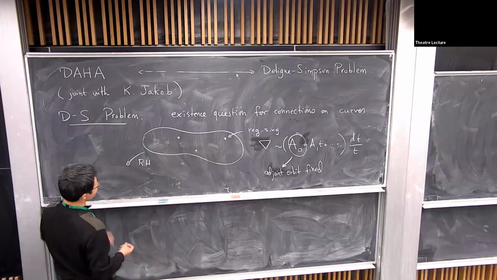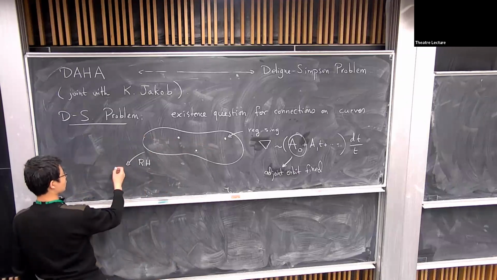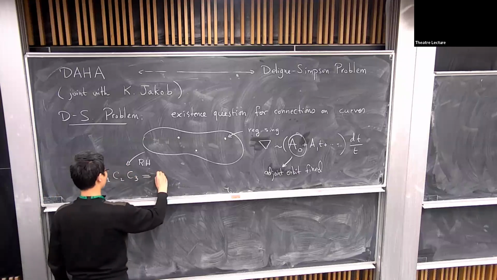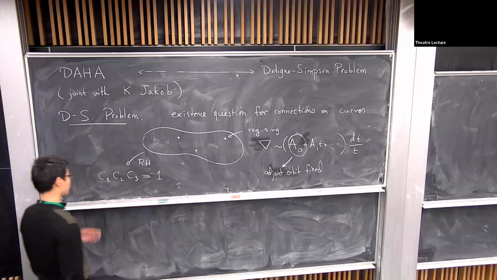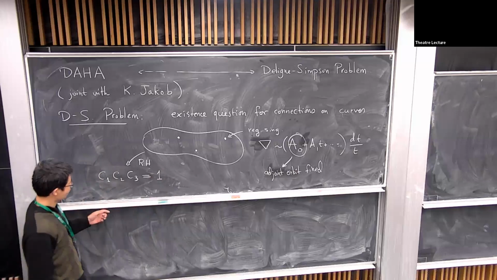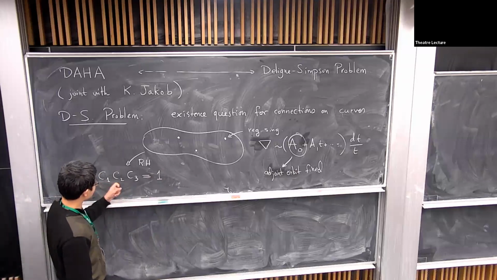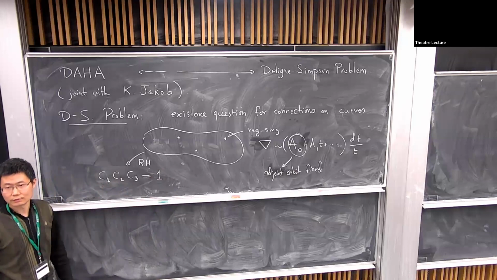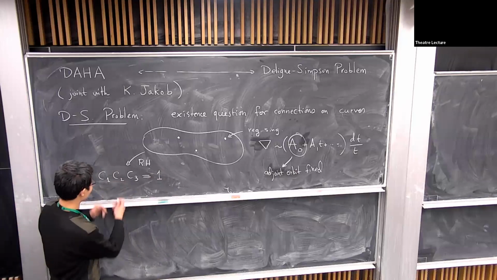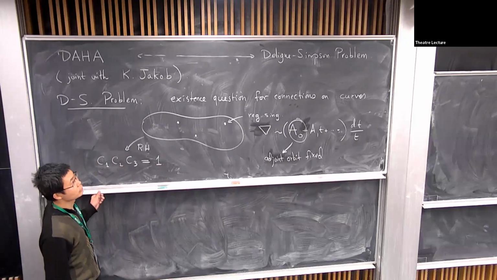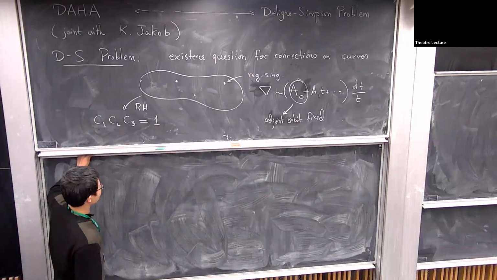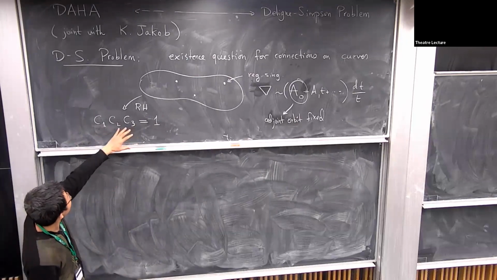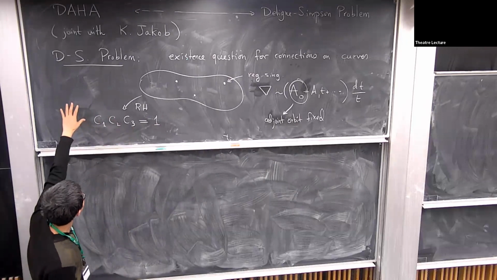I was in the genus 0 case. It would translate to solving a matrix equation: three matrices whose product equals the identity, and each of them lies in a prescribed conjugacy class. So you're asking whether a solution exists. It's a very concrete algebra problem. So this is a more classical version of the Deligne-Simpson problem.